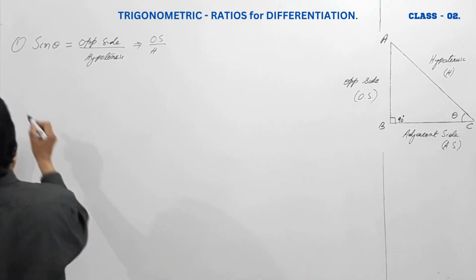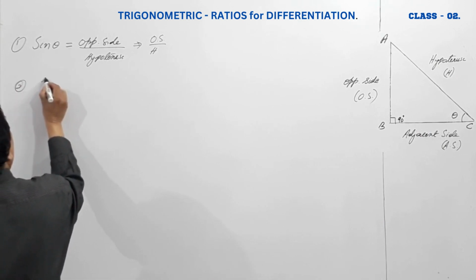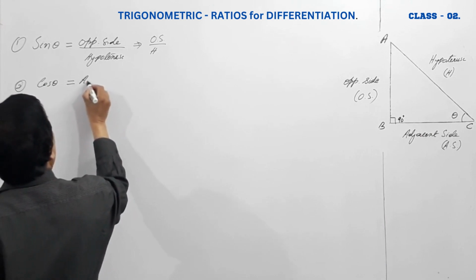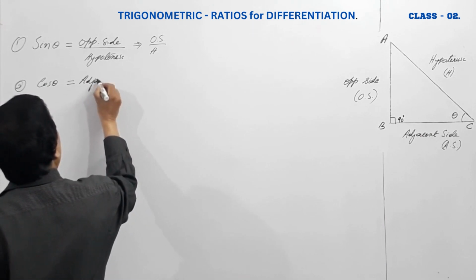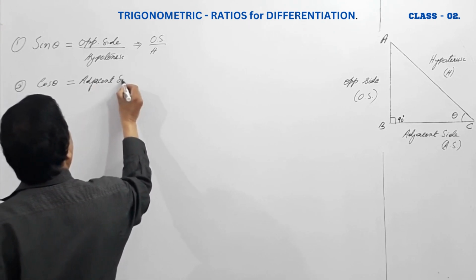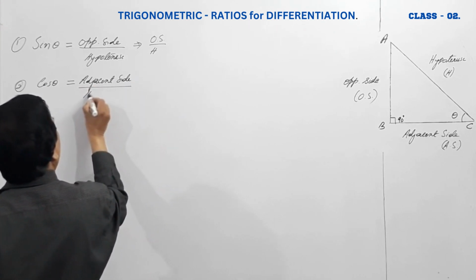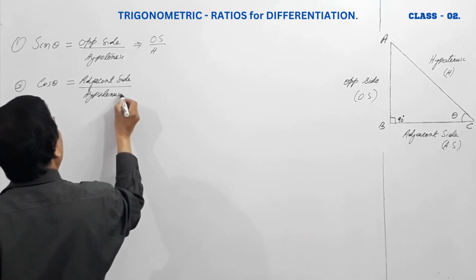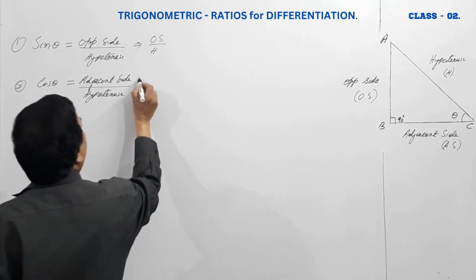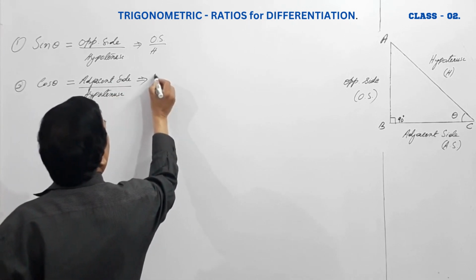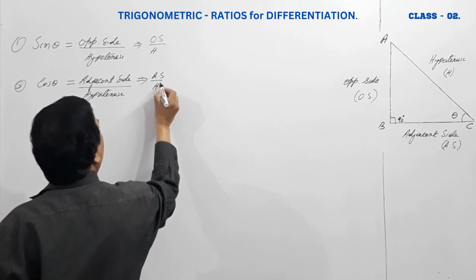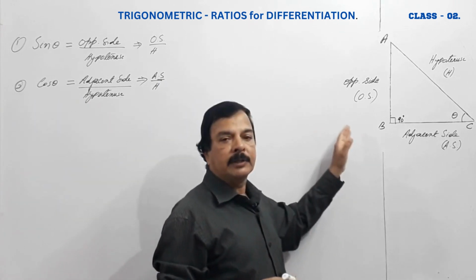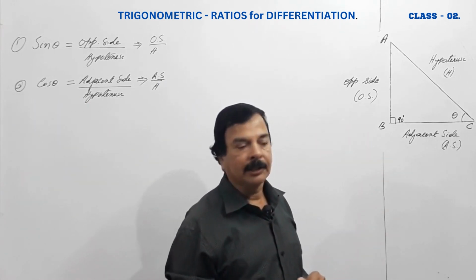So cos theta is equal to adjacent side by hypotenuse, that is, adjacent side by hypotenuse.